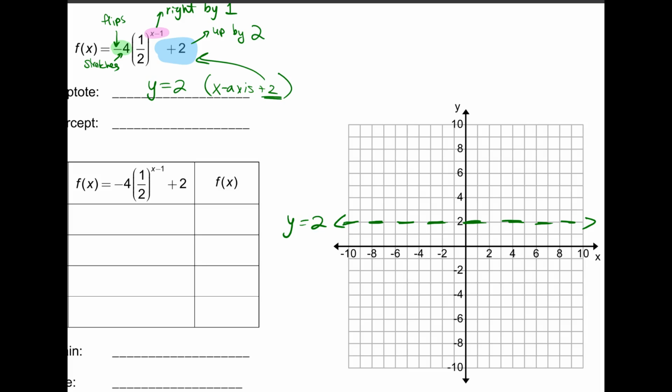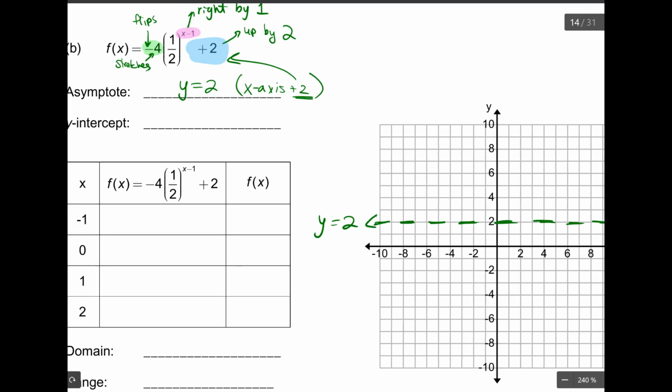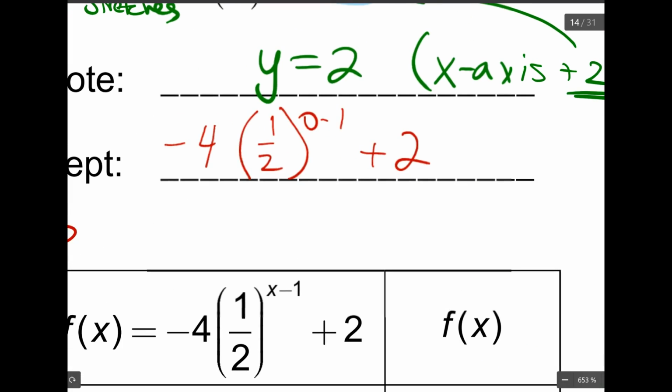Now I want my y-intercept. So what did we do for every other problem? Plug in 0 for x. Okay, let's see what this gives us. Remember, plug in 0 for x. So I have negative 4 times 1/2 to the 0 minus 1, plus 2. Okay, so step by step, this is going to be negative 4 to the, let's see, 0 minus 1 is negative 1.